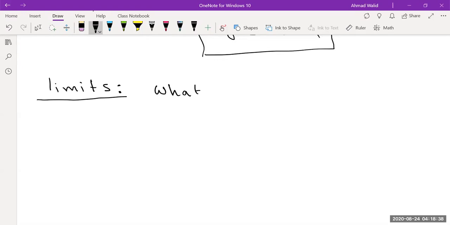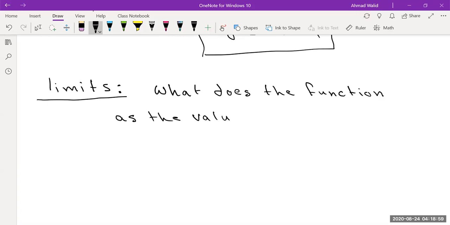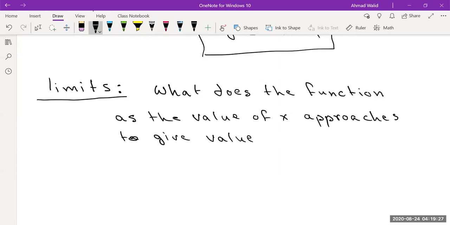What does the function do as the value of x approaches to a given value or number?